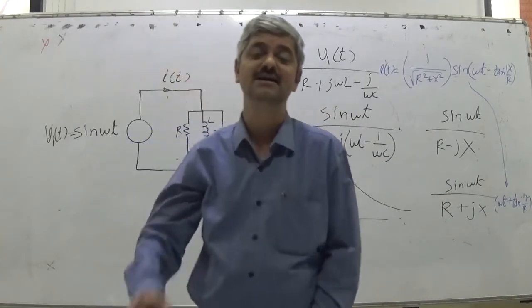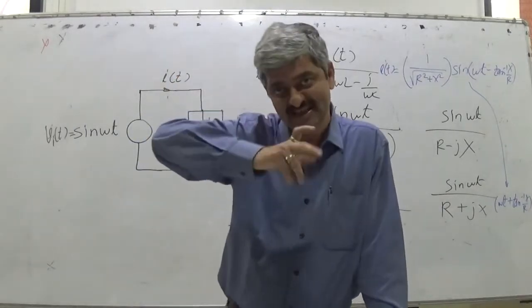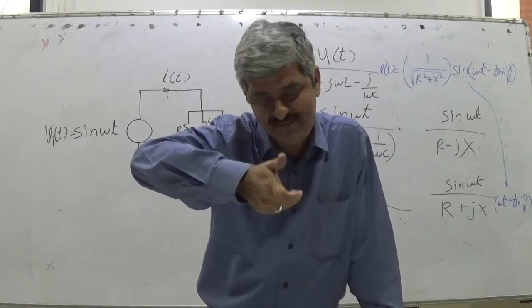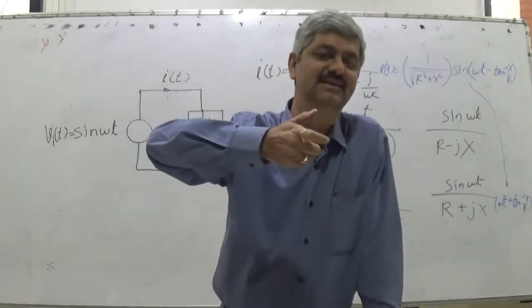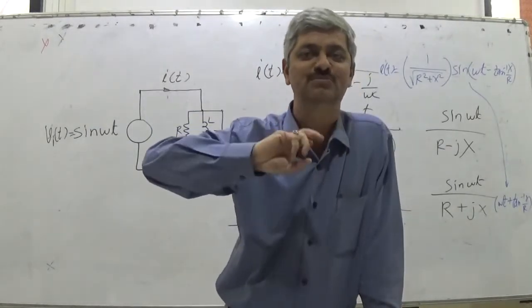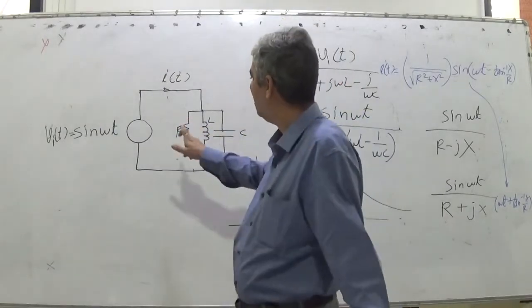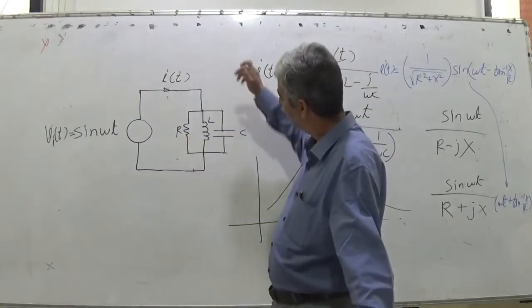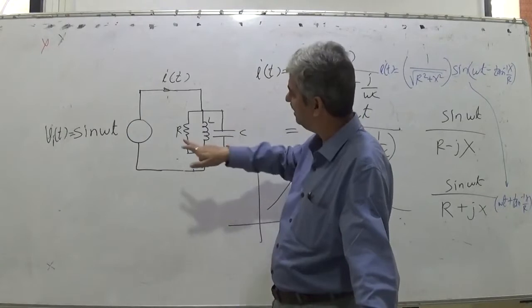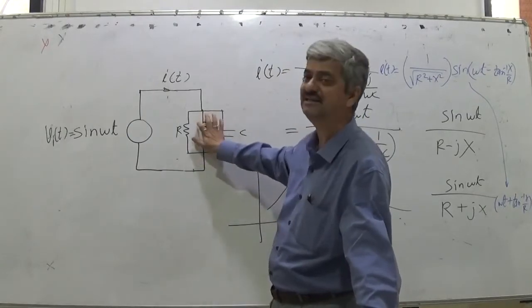At resonance, L and C cancel each other's effect so as to make impedance infinity. So at resonance, it is R parallel infinity, that is R.